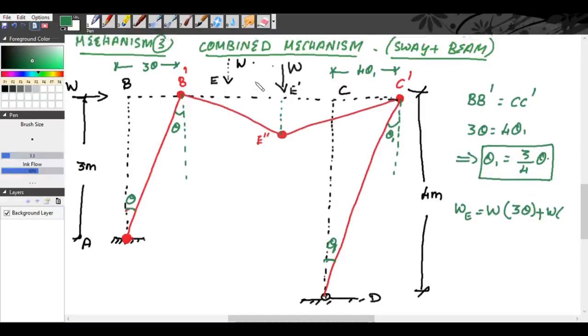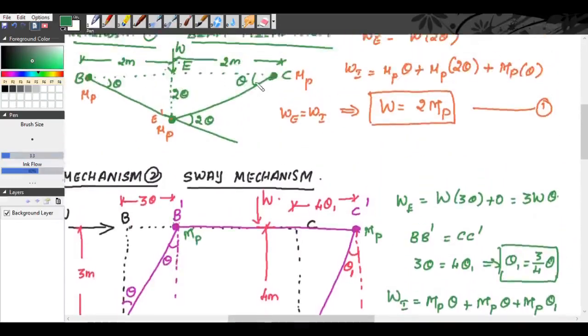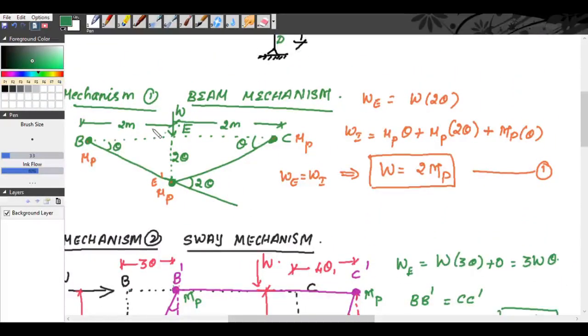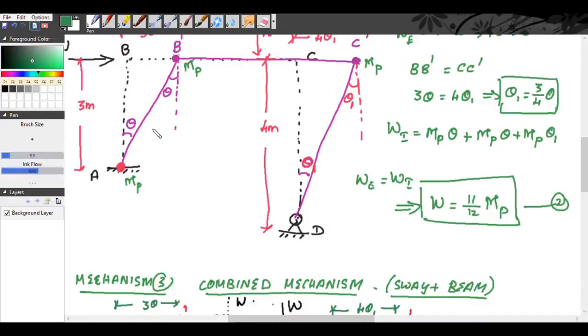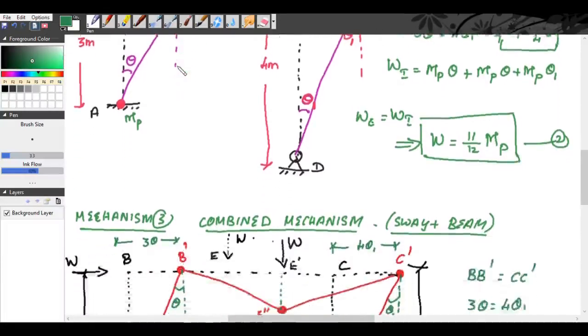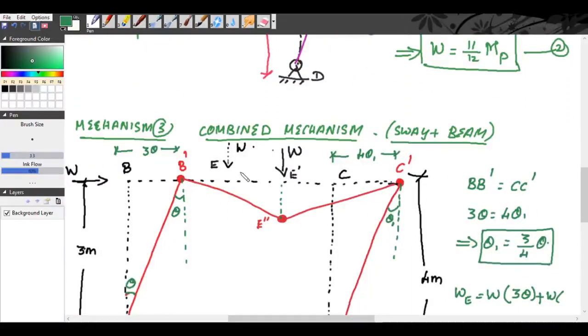How much is this distance? 2 meter, right? BE is 2 meter. So this is 2 meter.